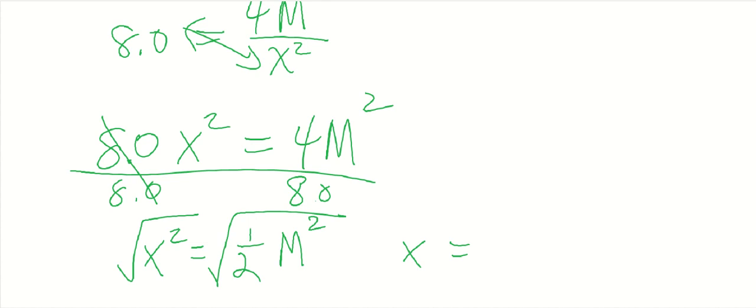Where's my square root button? The square root of 0.5 equals, with 2 sig figs, 0.71.